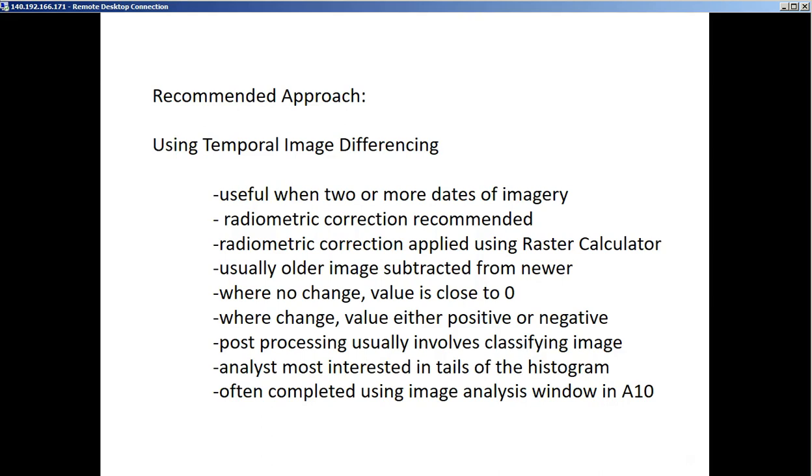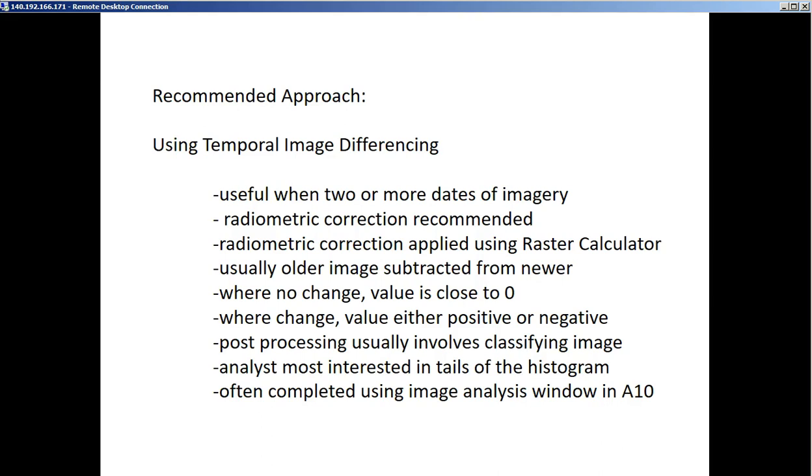If it got brighter in the newer image, the values on the positive side of our histogram are places where the pixels got significantly brighter. If it's on the negative side of our histogram, it's places where the pixels got significantly darker.